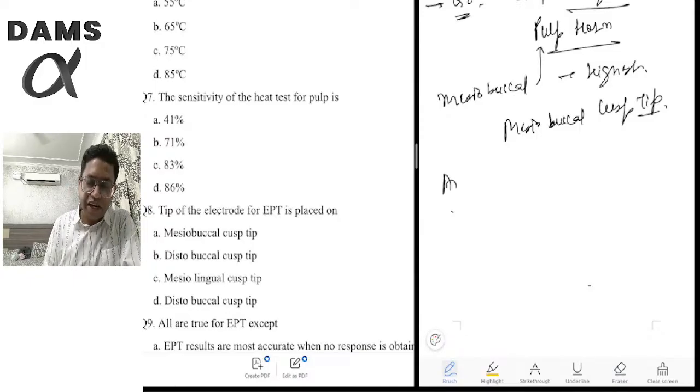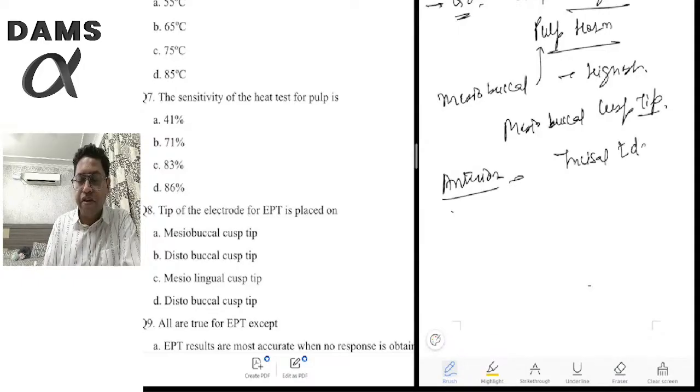If we talk about anterior teeth, what is the position of the tip of the electrode? It is the incisal ridge. We have to place the electrode tip in the areas of highest neural density, which are likely to have the maximum number of A delta nerve fibers. They are present in the region of the pulp horns.